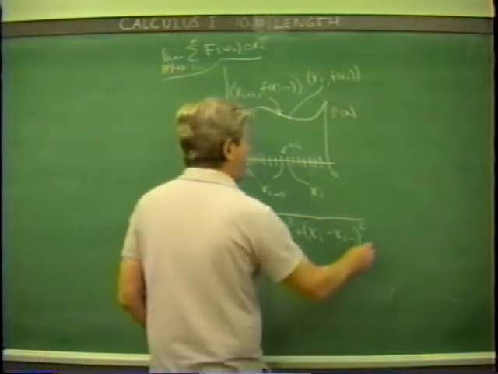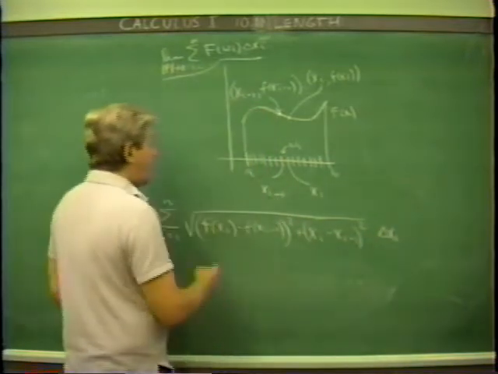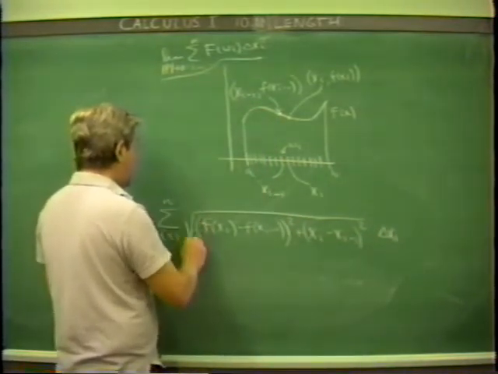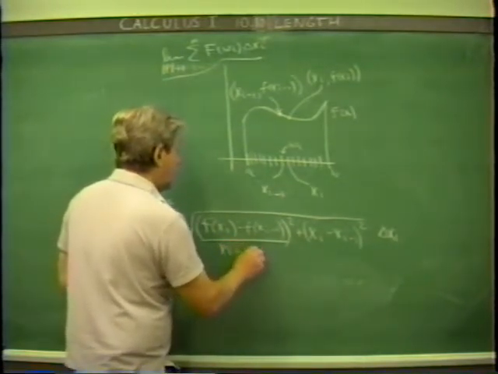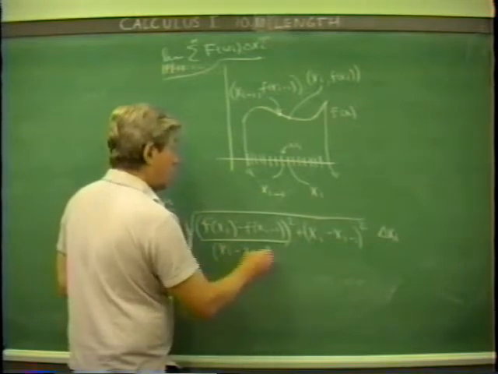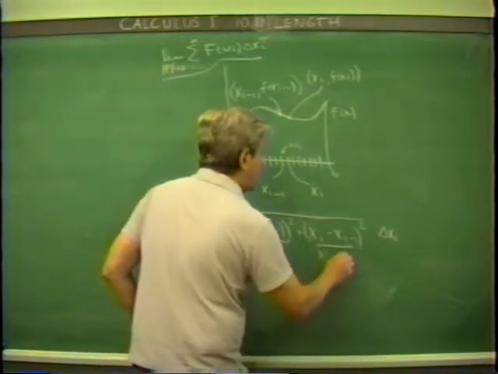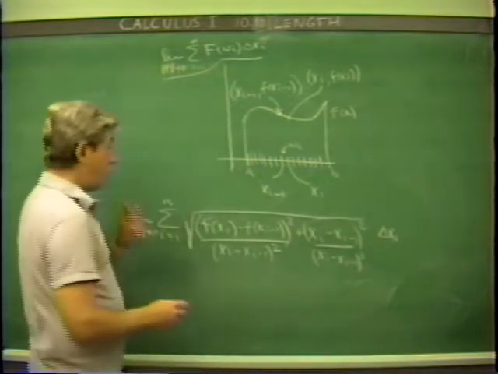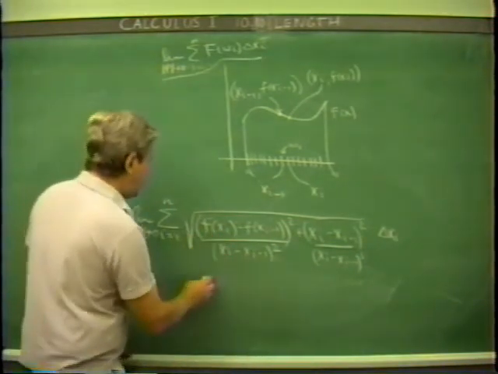So what we wish to do with this is to try and get it to be in that form. And in order to do that, what we do here is we multiply by delta x_i, and then we divide underneath the square root here by delta x_i squared.